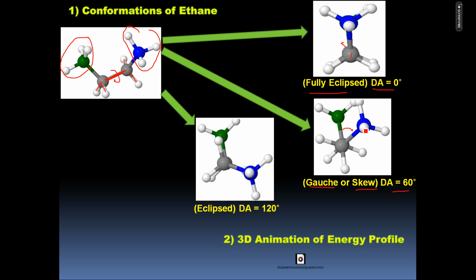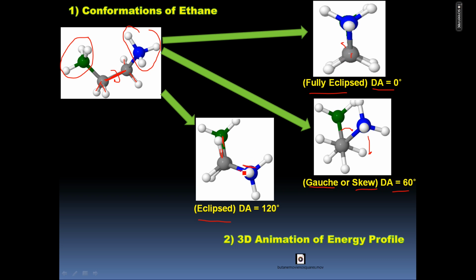Now we'll rotate this front carbon further by 60 degrees. When we rotate this front carbon, it will reach this position. Fine. And look here: now we have this hydrogen atom and the CH3 group eclipsed. They are superimposable here also. So you have another eclipsed conformation, but the eclipsing is between hydrogen and CH3. This is called the eclipsed conformation, whereas the previous one is called fully eclipsed, because there the CH3 groups were superimposed.